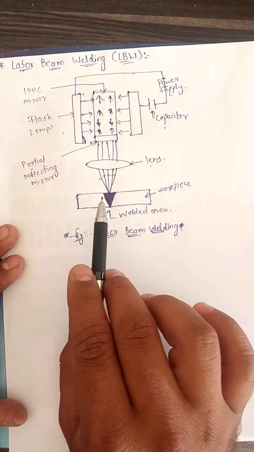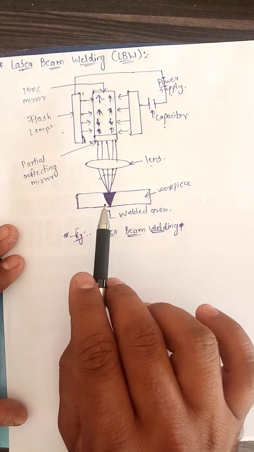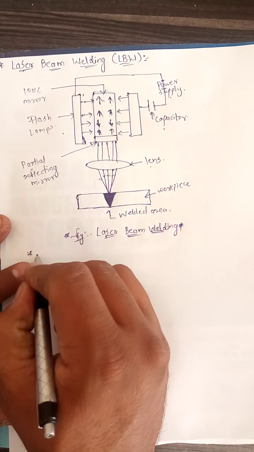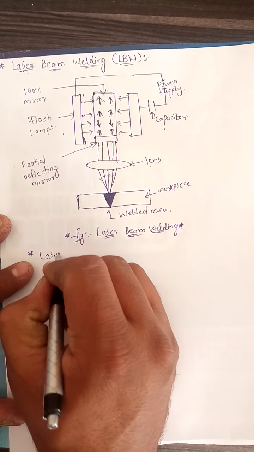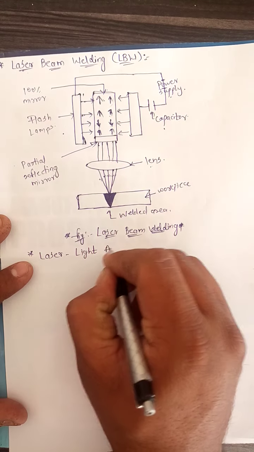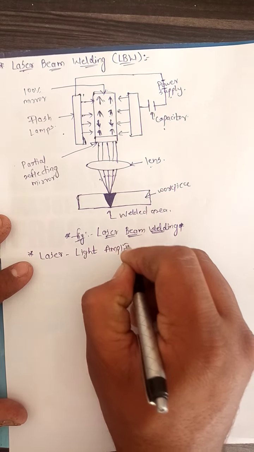This welding we can say is a type of fusion. I will write some points. What is laser? Laser means light amplification.